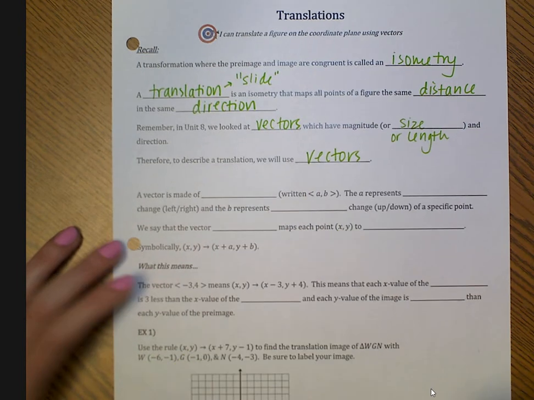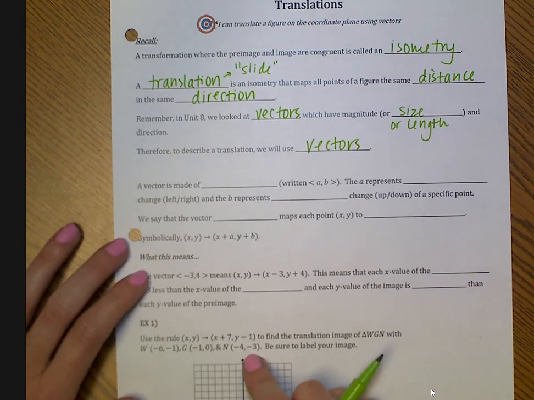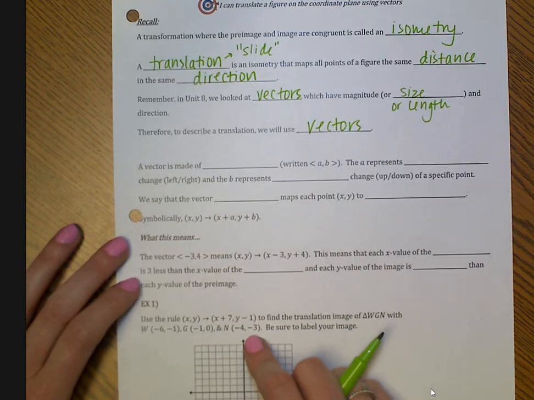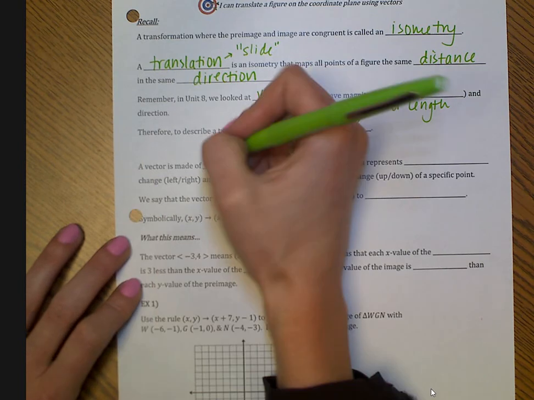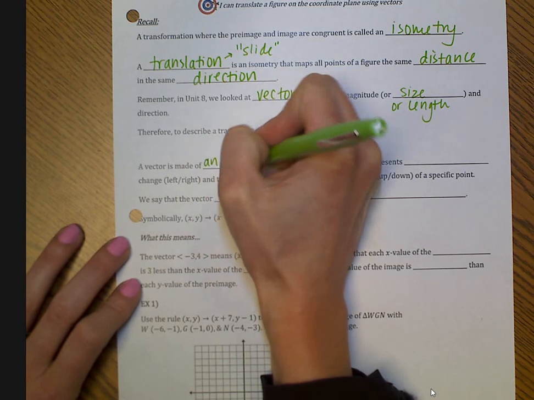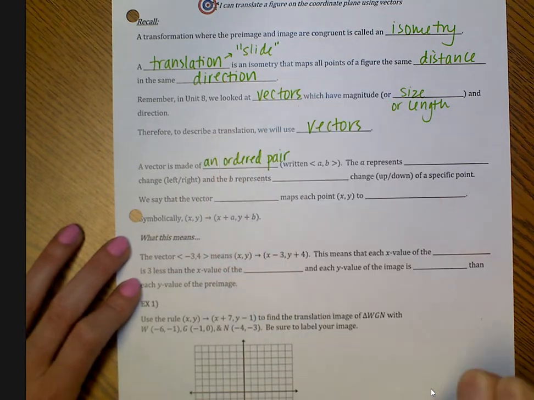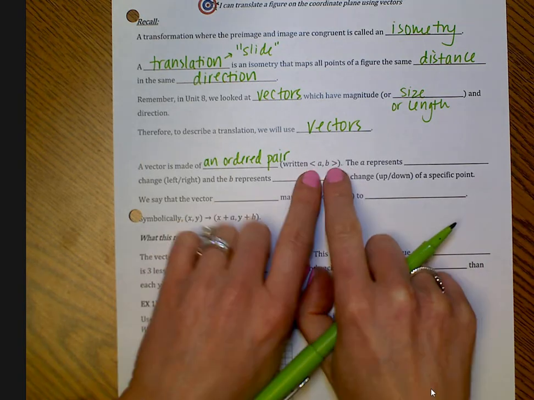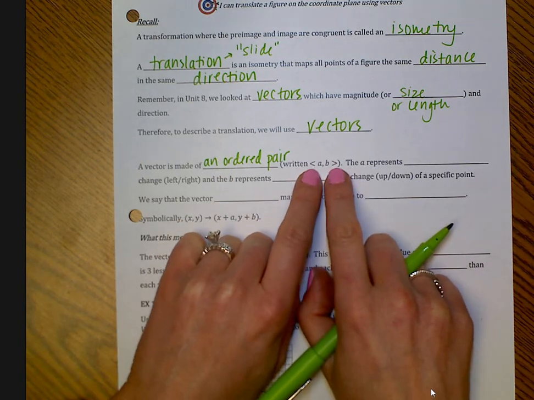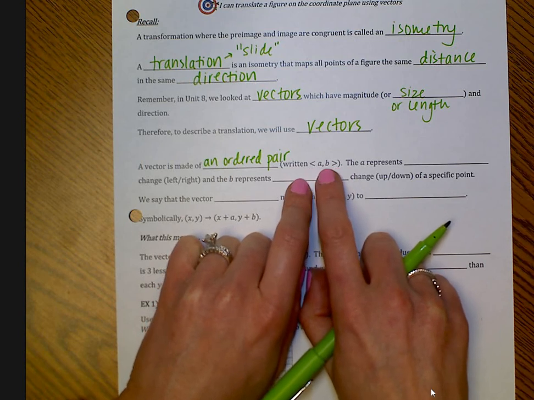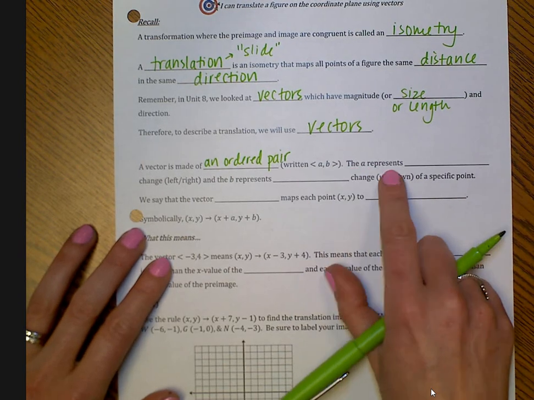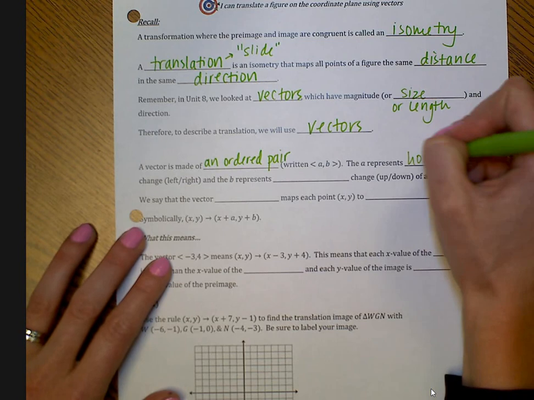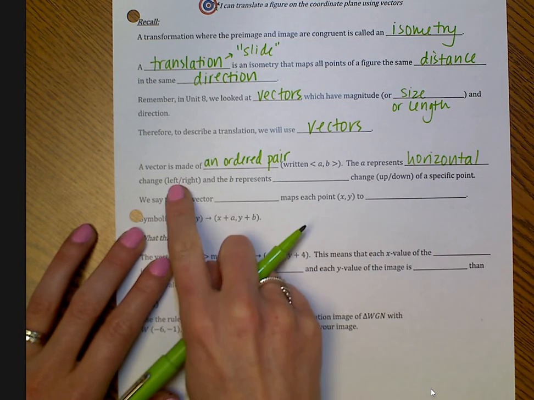Now, a big part of this is just understanding the notation and what the problem is asking you to do. So realize that a vector is made of an ordered pair. They're going to use the less than and greater than signs instead of parentheses around the ordered pair. We'll call the ordered pair A, comma B. The A acts like the X, and represents the horizontal change, either left or right.